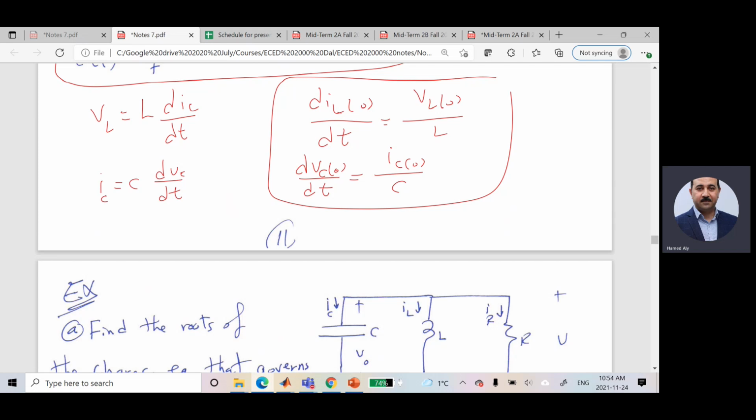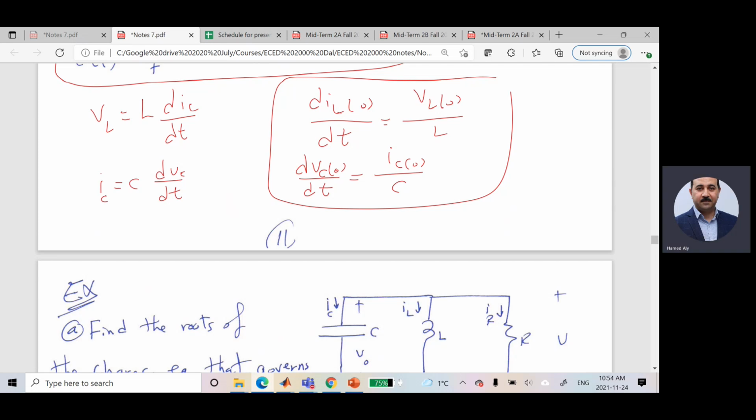Find the equivalent for each. Because you couldn't use the equations that I have already derived unless you have parallel RLC with only one R, one L, one C, or series RLC with only one R, one L, and one C.